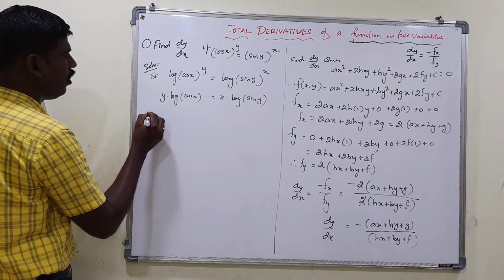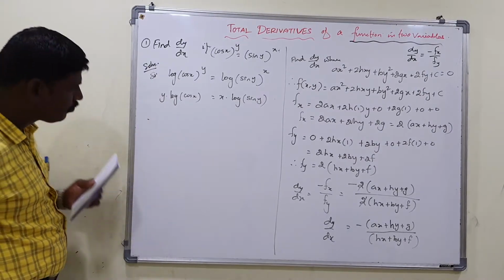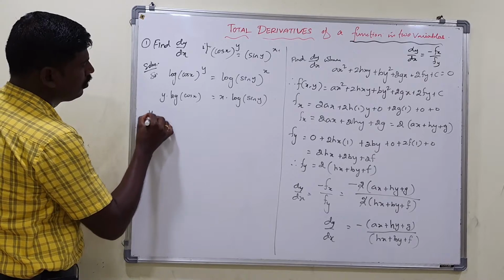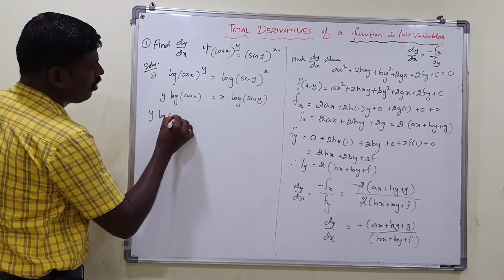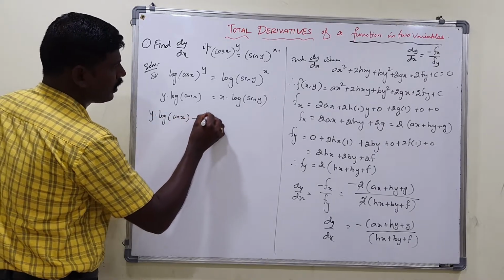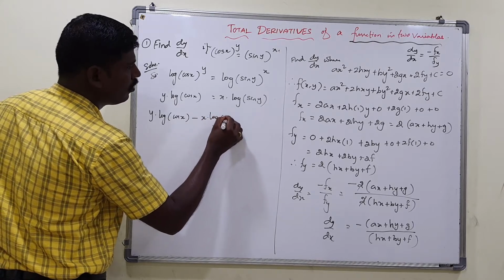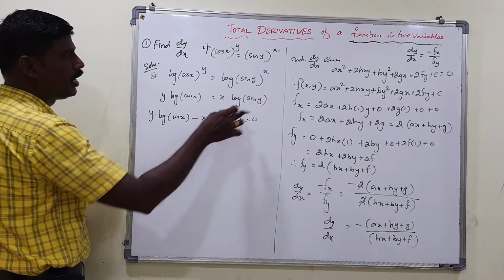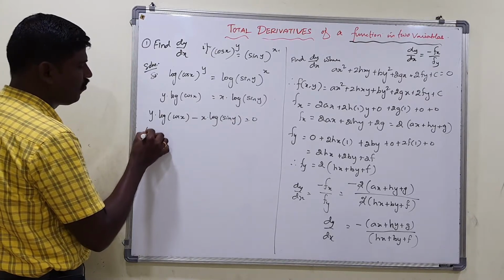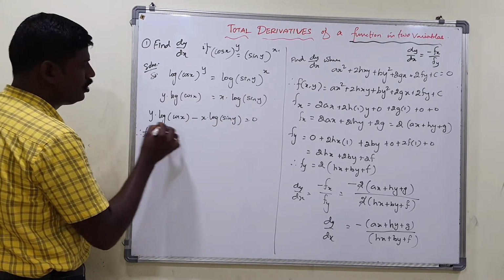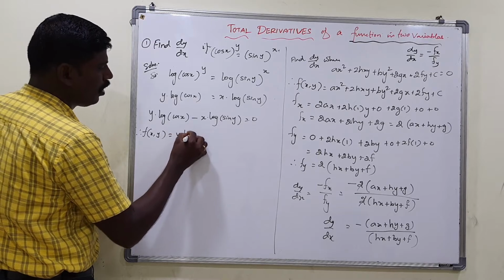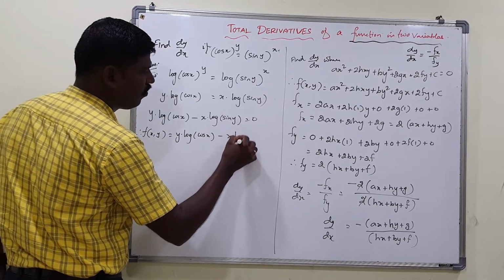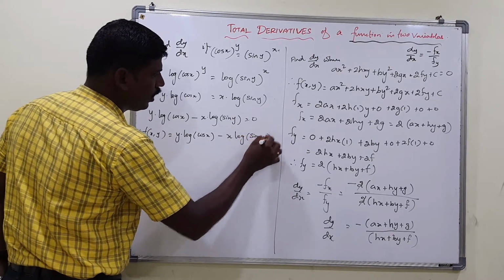Take all the terms to one side. So y into log of cos x minus x into log of sin y equal to 0. Now this function can be taken as f of x comma y, okay? f of x comma y is equal to y into log of cos x minus x into log of sin y, right?